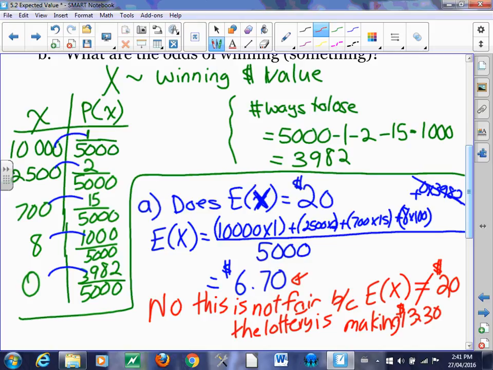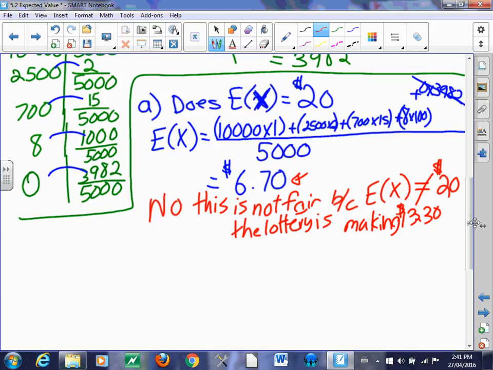So let's just, out of curiosity, there's only 5,000 of these tickets sold. So 5,000 times 13.30, they are making $66,500. Giddy up. Okay? So, lotteries usually aren't fair. Okay? All right. Now, remember that's per ticket. I forgot to write that down. Sorry. Okay.